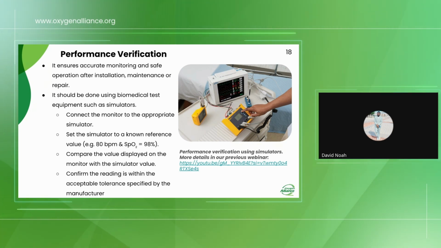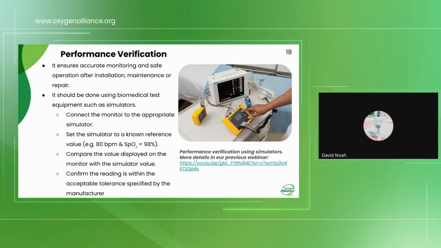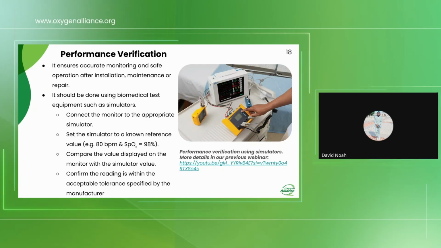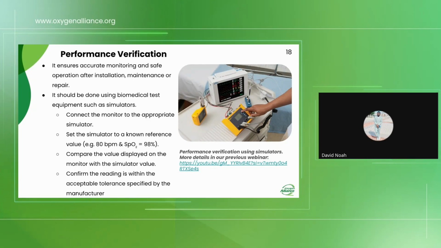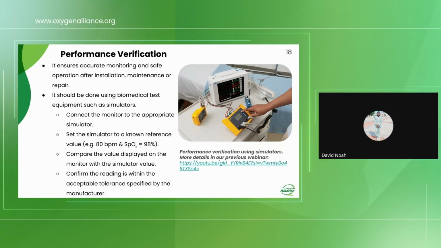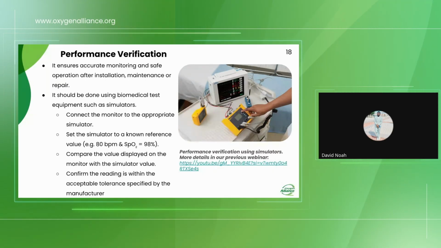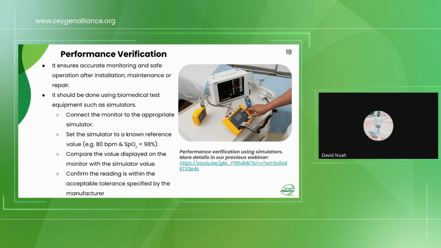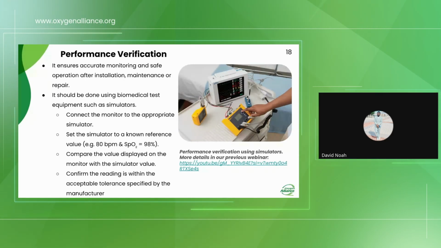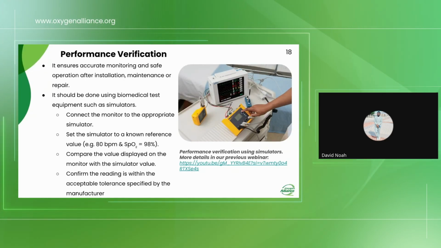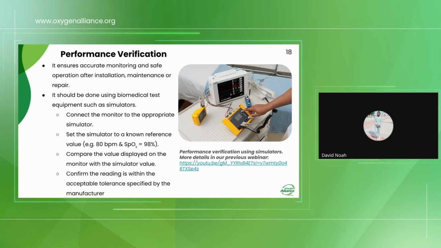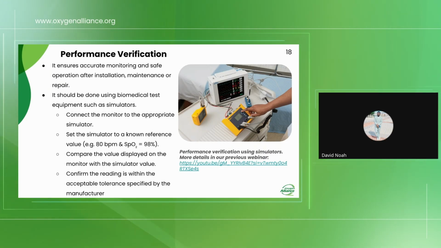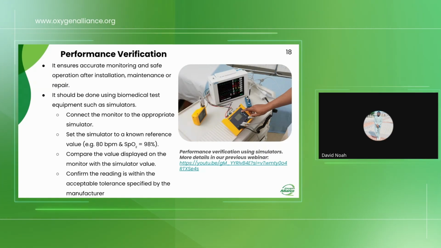So if you are trying to verify the performance of the SpO2 module, you have to set SpO2 at something around 98%, and then you compare the value displayed on the monitor with the simulator value. After that, you confirm that the reading is within the acceptable tolerance specified by the manufacturer.